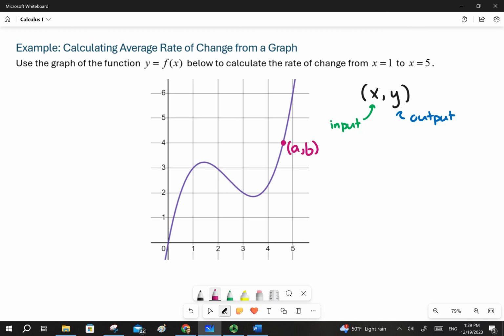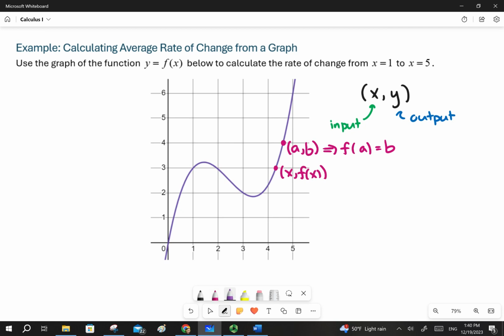Specifically, a point (a, b) is on the graph of a function f if and only if f of a equals b. In other words, every point on the graph can be thought of as (x, f of x).